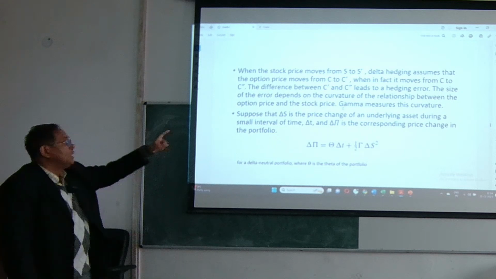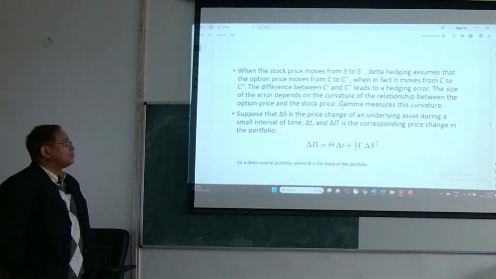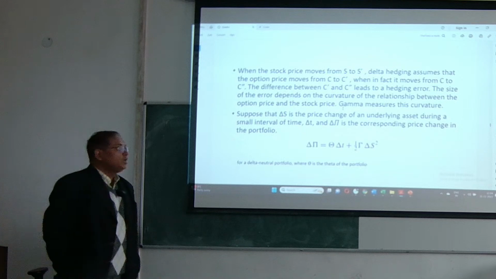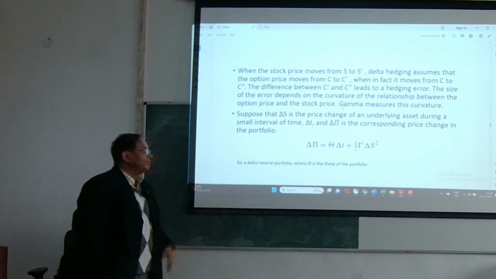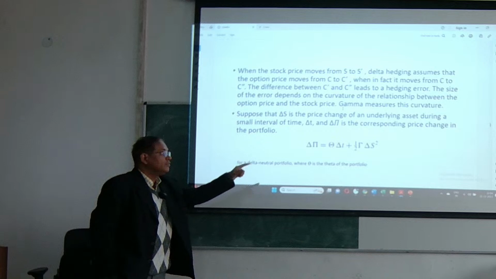Suppose that delta S is the price change of an underlying asset during the small interval of time delta T, and delta pi is the corresponding price change in the portfolio, then this is what the theta is going to be having. And for a delta neutral portfolio, theta is the theta of the portfolio.